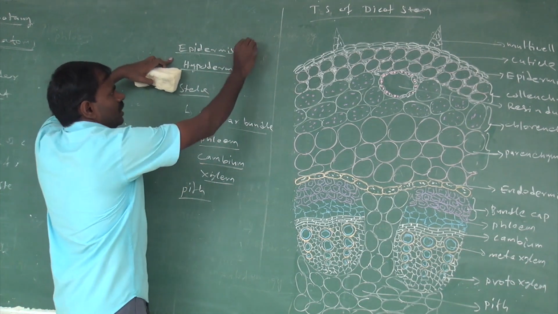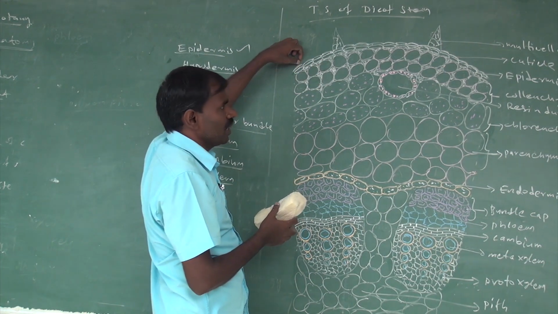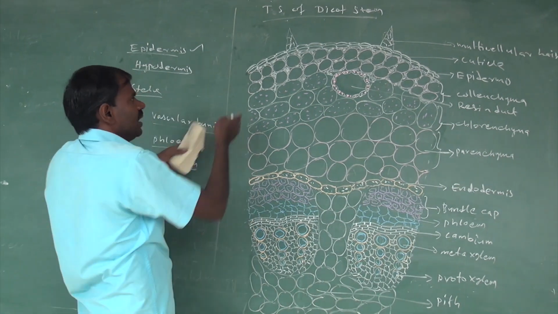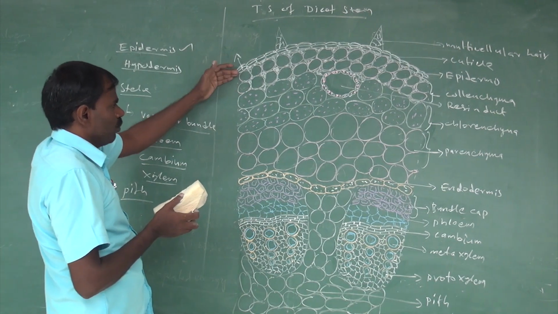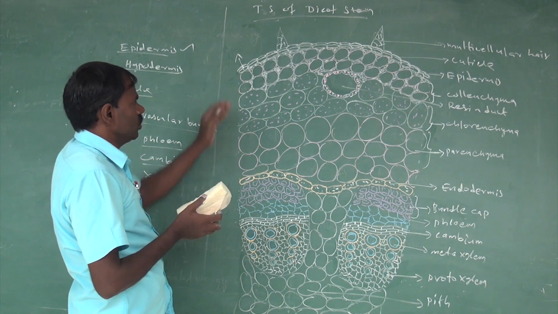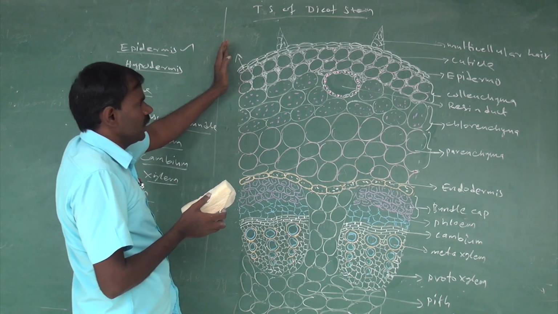So what is epidermis? The epidermis is the outermost layer, made up of a single layer of parenchymal cells without intercellular space, compactly and tightly packed, arranged in rectangular shape. It is a protecting layer of the inner tissue, found outside the hypodermis.